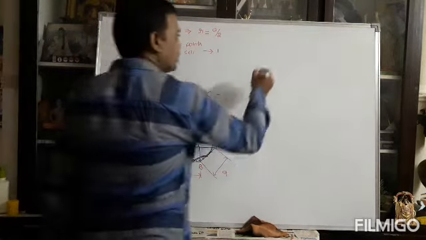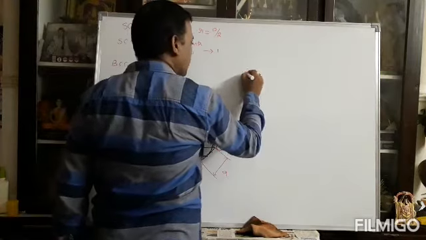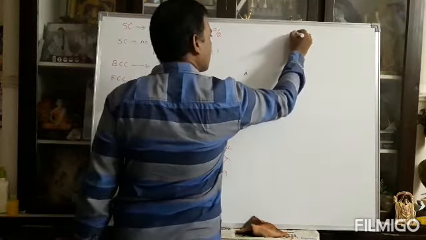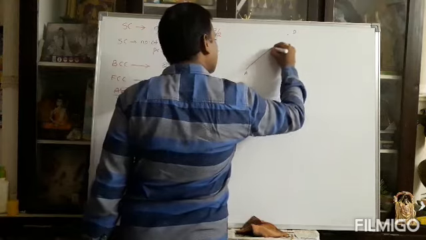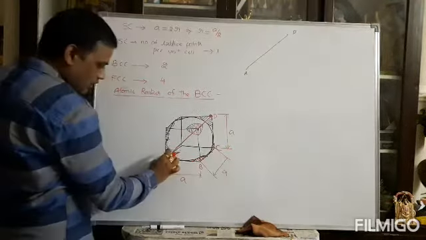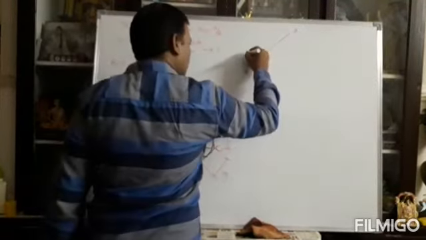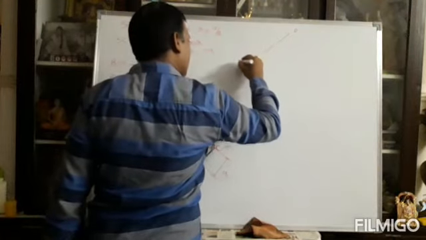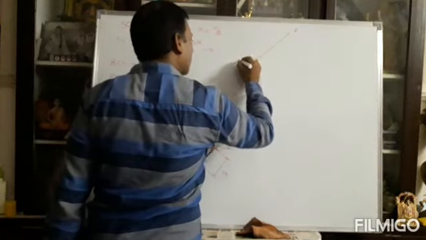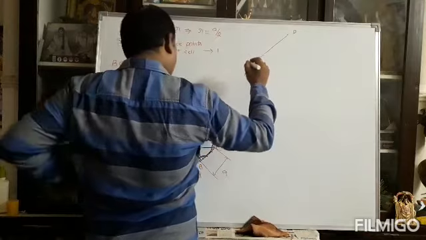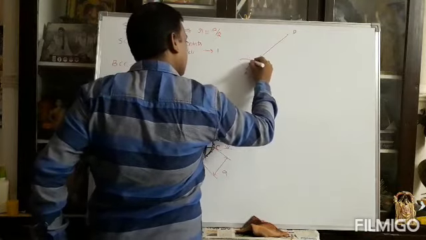According to AD, this point can be taken as A and this point as D. The entire AD distance covers exactly half of the part, like this.